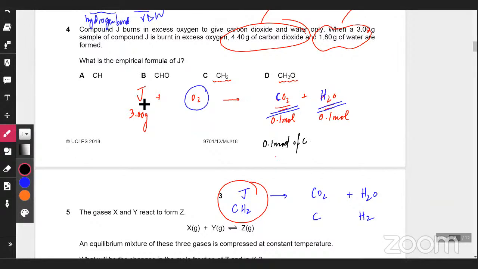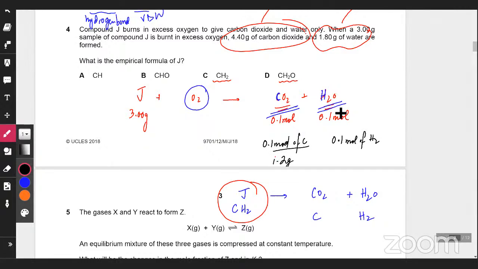All the carbon over here is coming from J when 3 grams of J reacted with oxygen. So the 0.1 moles of carbon is coming from J, and I know that 0.1 moles of the H2 in the H2O molecule is also coming from J. So what is the mass of 0.1 moles of carbon? If you multiply it by the Ar of carbon, that's 12, that would give you 1.2 grams.